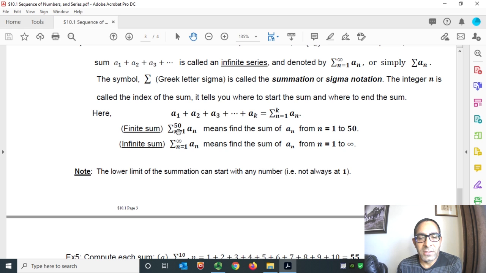Similarly, the summation with n from 1 to 50 means find the sum of a_n from n equals 1 to 50. Similarly, the summation with n from 1 to infinity means find the sum of a_n from n equals 1 to infinity. So this sum is a finite sum, this sum is an infinite sum.